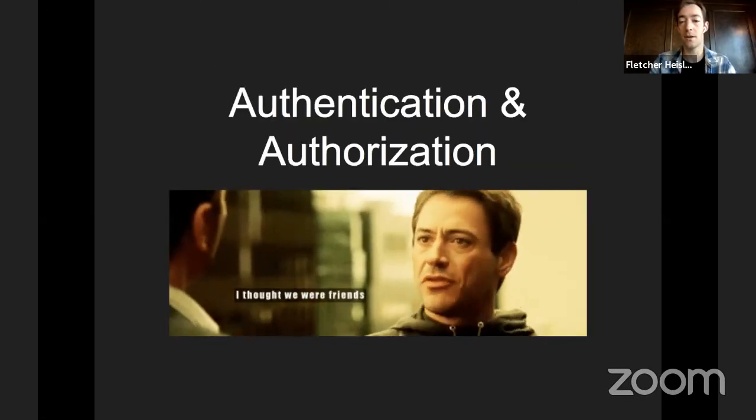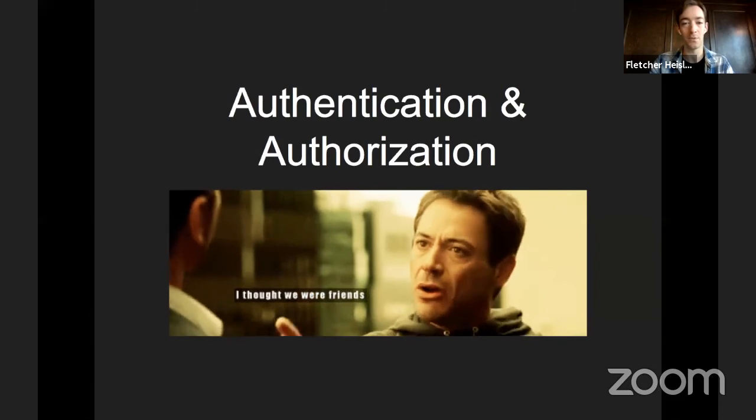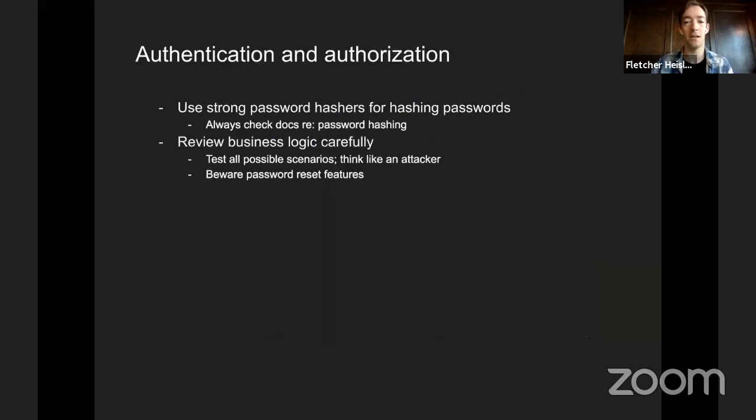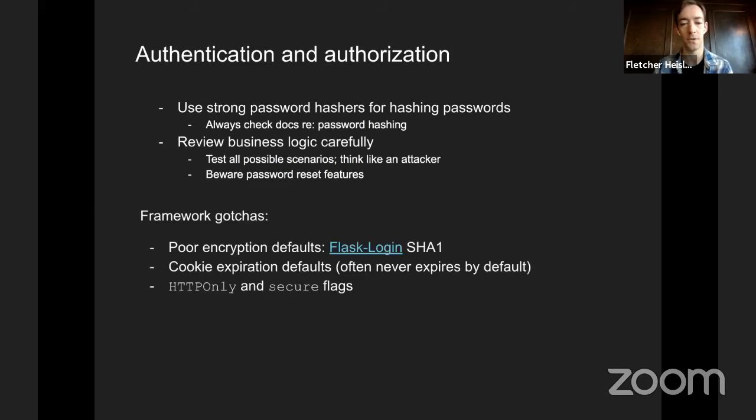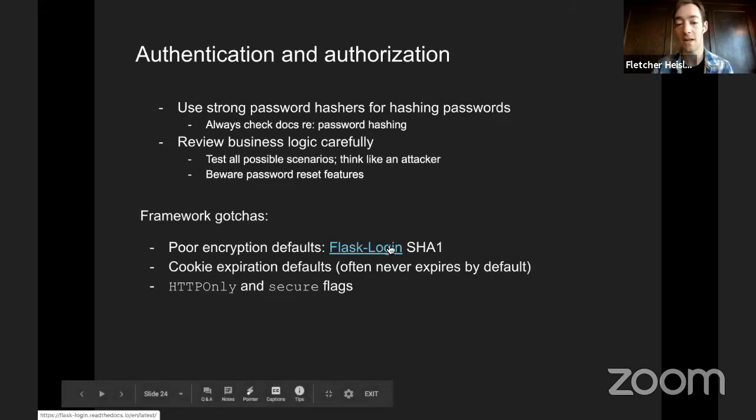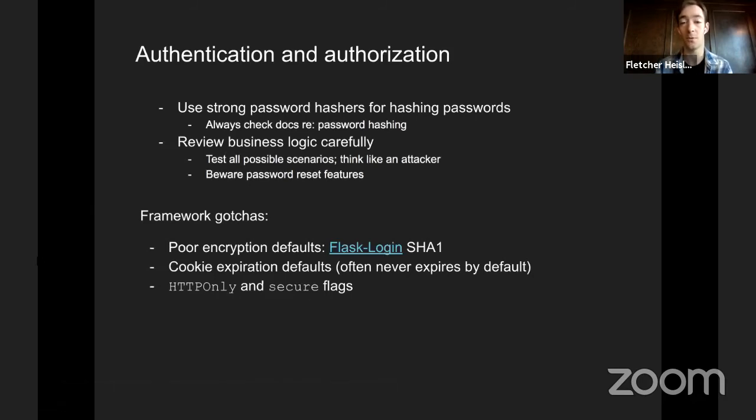A bit on authentication and authorization. We'll just plow through some topics here. Use strong password hashers. We don't see this too frequently, but we'll get to, and I'll spoil the surprise here, Flask login, as an example, uses poor encryption by default. Uses SHA-1, which has been broken for quite some time.